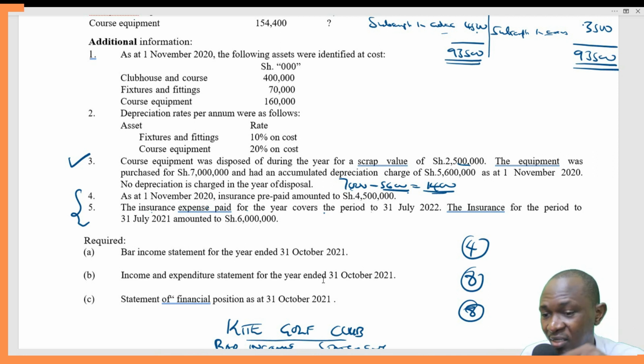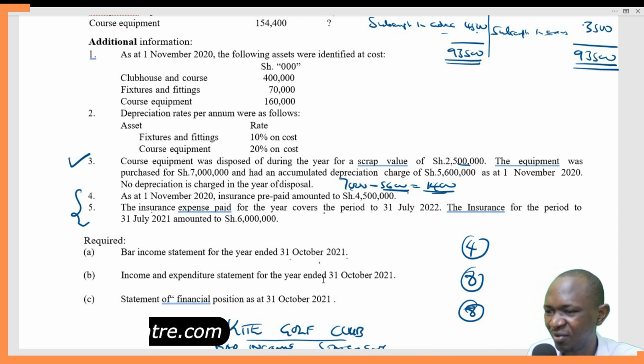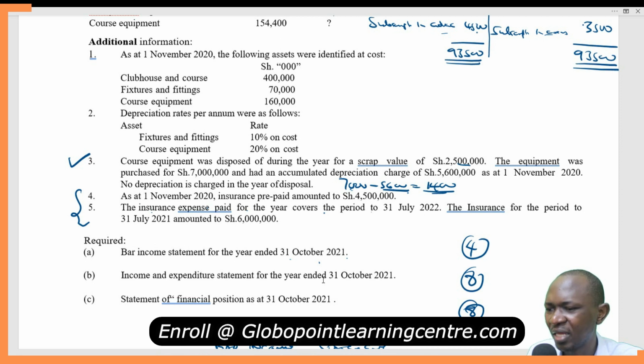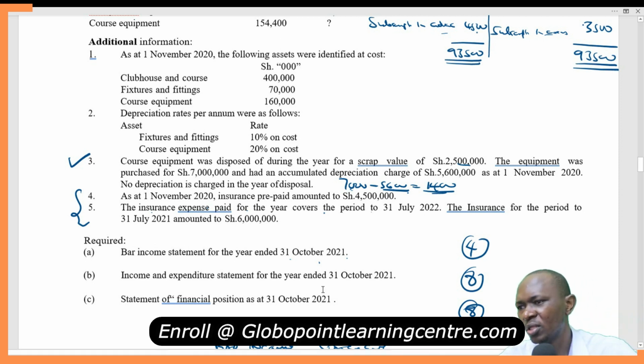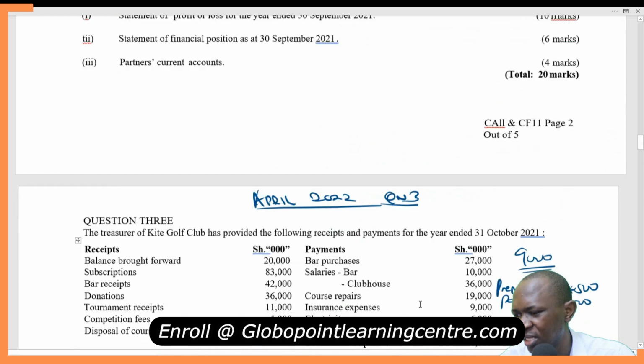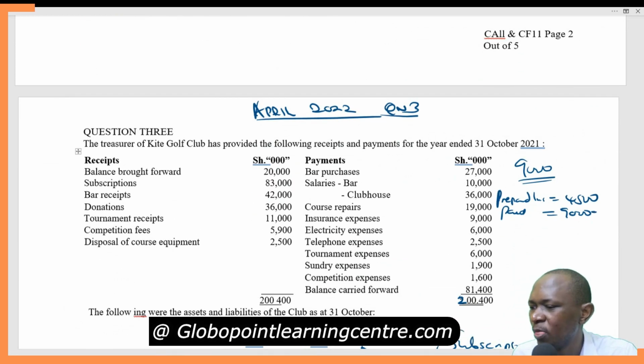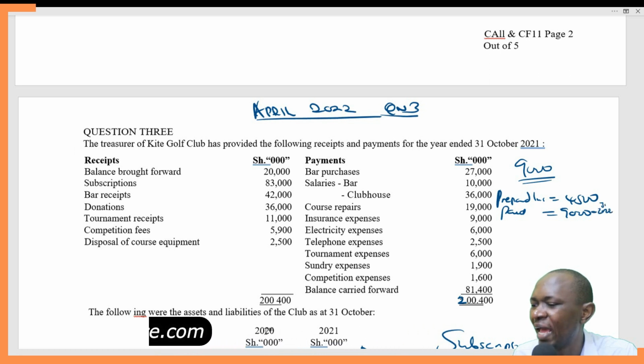Are we interested in the period to 31st July 2022? No, it was overpaid because our year ends on 31st October 2021. These guys look like they paid quite a lot. They paid 9,000, but this 9,000 stretches all the way to July 2022.